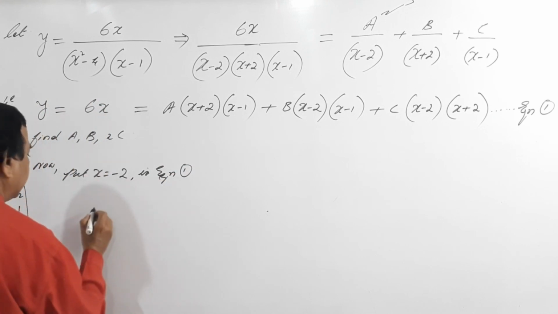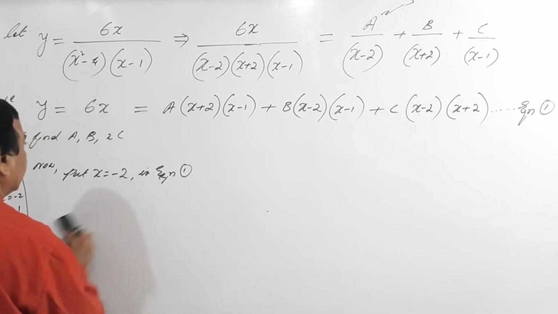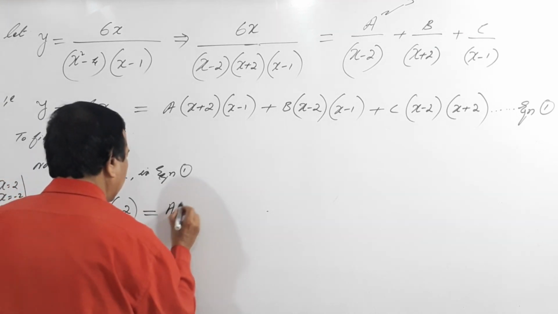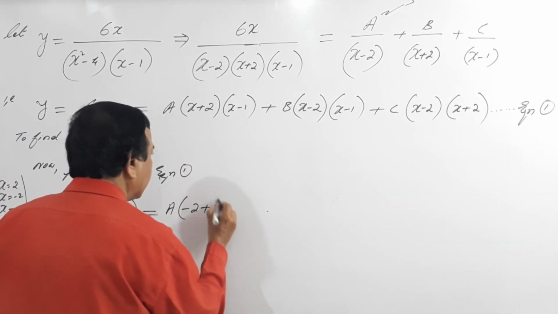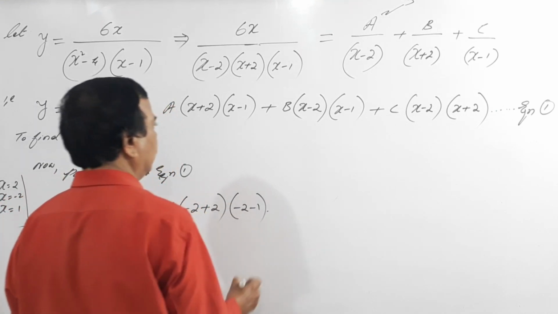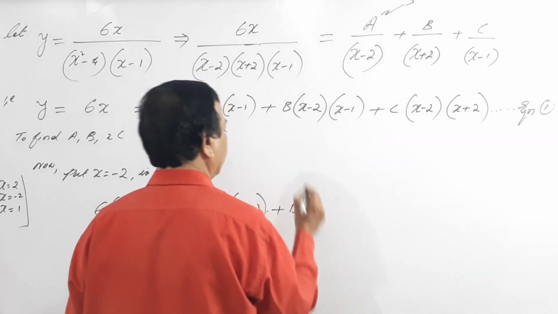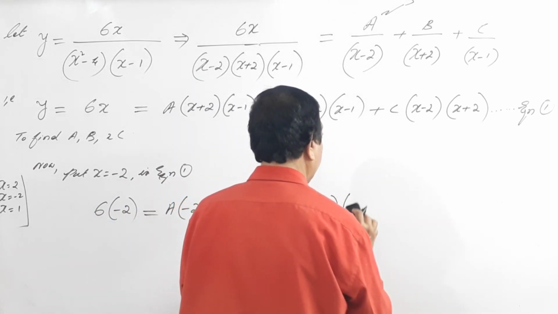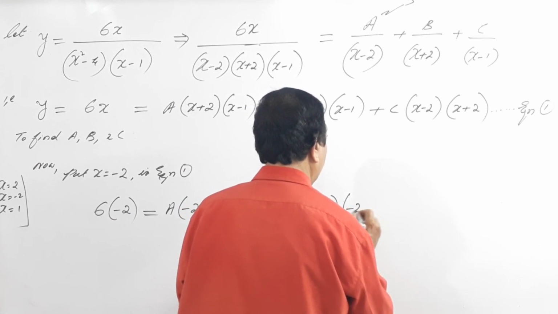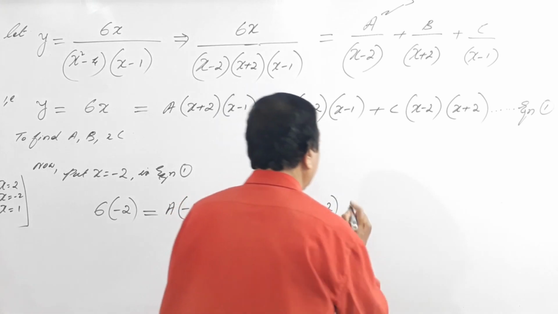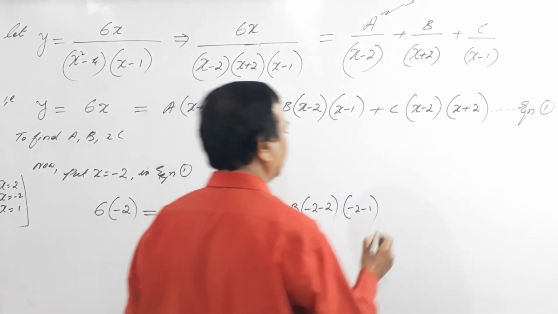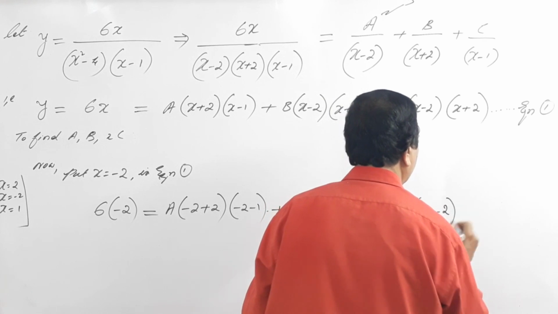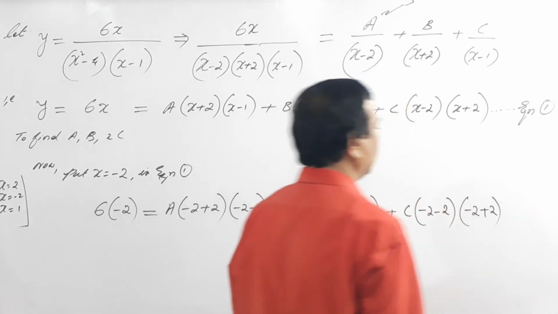So on the left hand side, this will be 6 into minus 2 equals a into minus 2 plus 2 into minus 2 minus 1, plus b into minus 2 minus 2, and this is minus 2 minus 1, plus c into minus 2 into minus 2 plus 2.